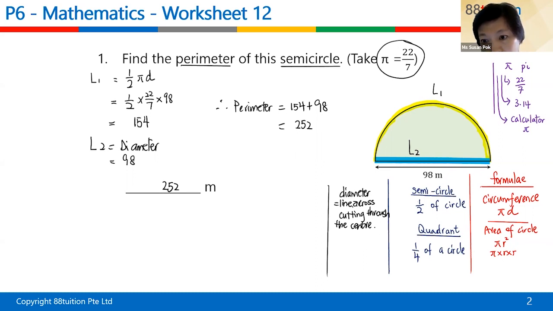Ming En, put up your hand, right? Do you put up your hand? No, okay. Natalie, what is the formula to find circumference? Just to recap what we have learned.